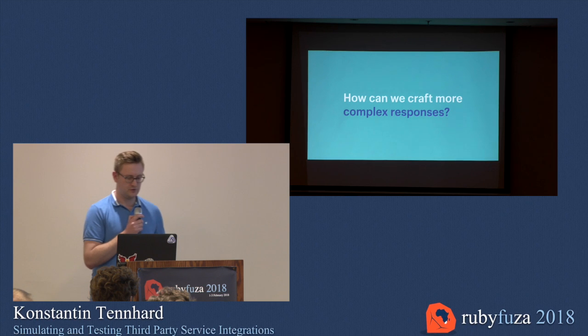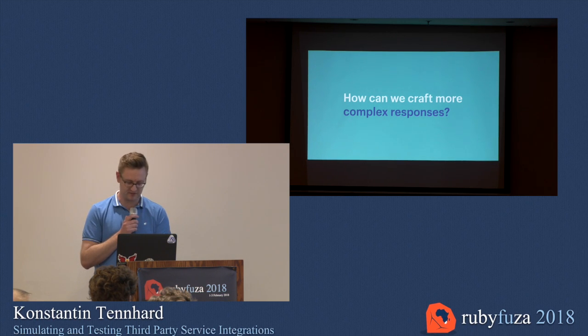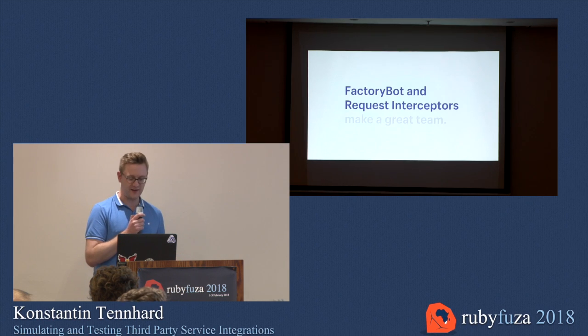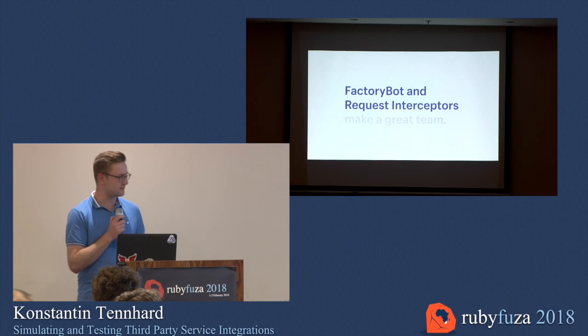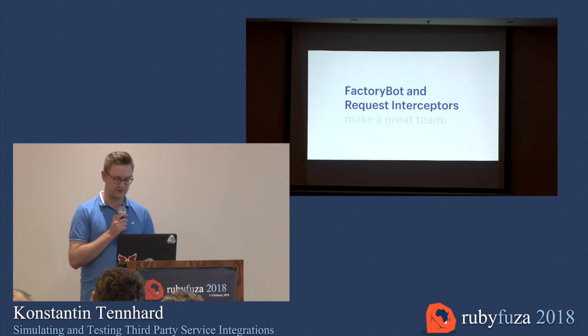Secondly, if you want to craft more complex responses, that's actually an idea a colleague of mine came up with. Instead of hand-rolling your HTTP handlers, he said, we already have all those factories available for creating objects, so why not combine factory bot with request interceptors?